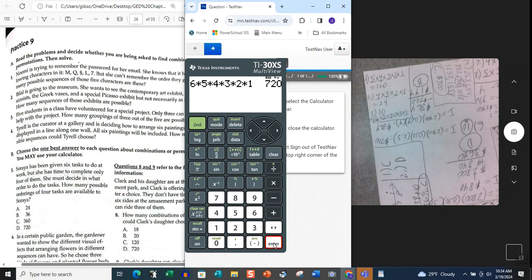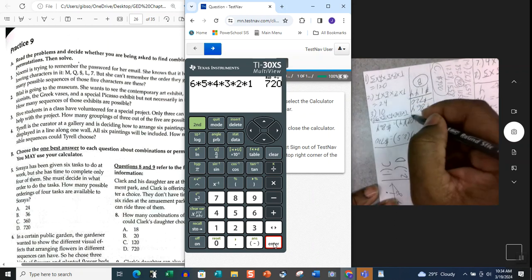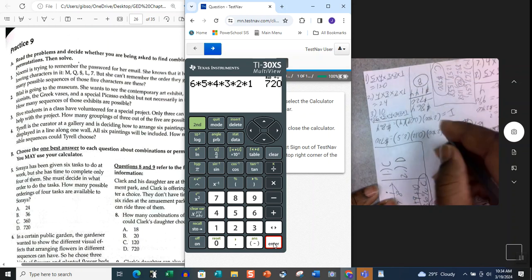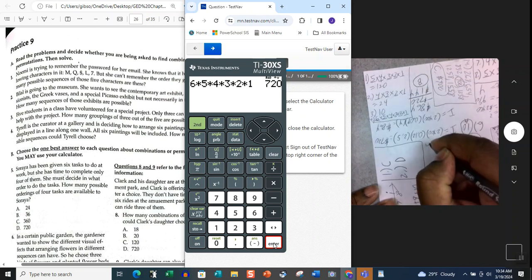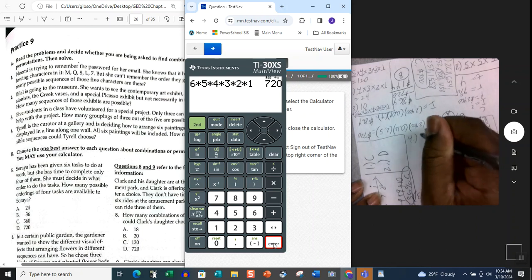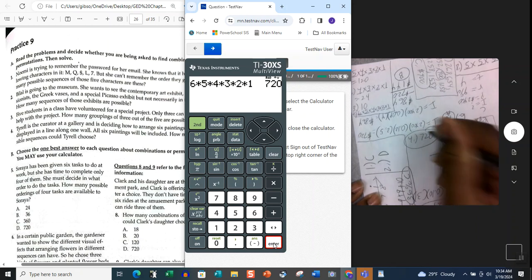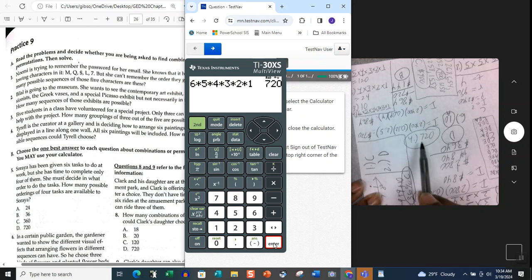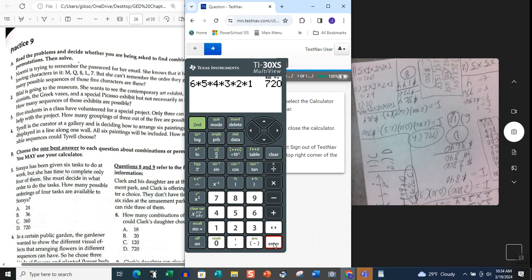And that gives us 720. So the answer for number 4 is actually 720. I'm going to write the answer down here because I ran out of space. So it's 720. This is the answer to this here.